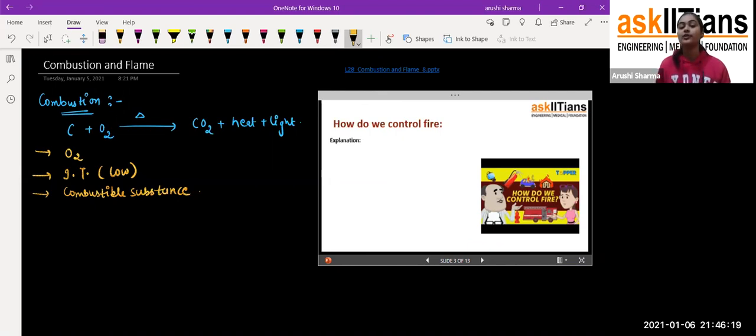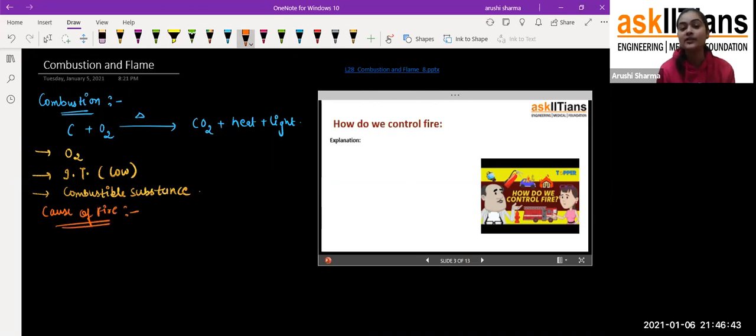You can pour one, two or three mugs of water so that the fire can be controlled. But as I already mentioned, if the fire is caused by an electric short circuit, never use water.